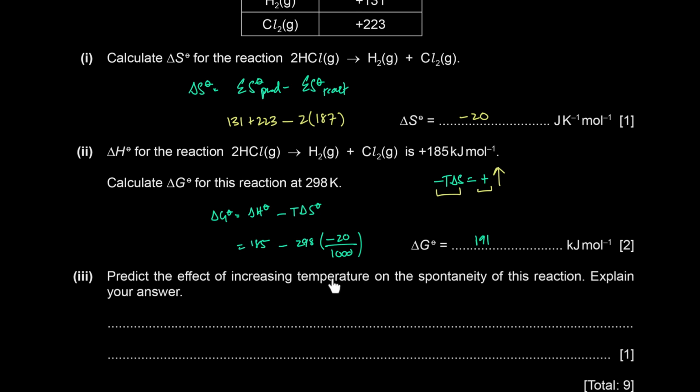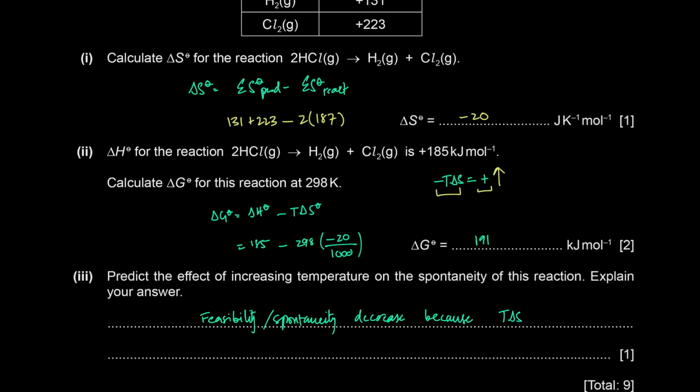So what happens to the spontaneity if the delta G becomes more positive? We can say that the spontaneity or feasibility decreases. Why?